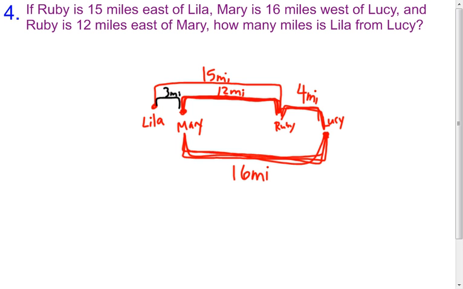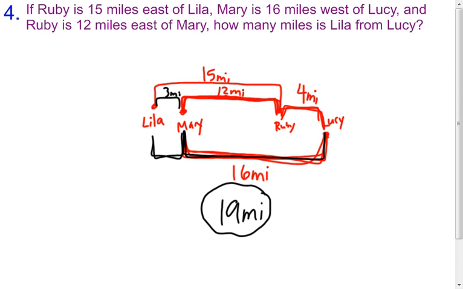The question is, how many miles is Lila from Lucy? We have these 16 miles right here, and then these 3 miles right here. When we put the 16 and the 3 together, we have 19 miles to get from Lila to Lucy. So you're going to just have to draw pictures and put some facts together.